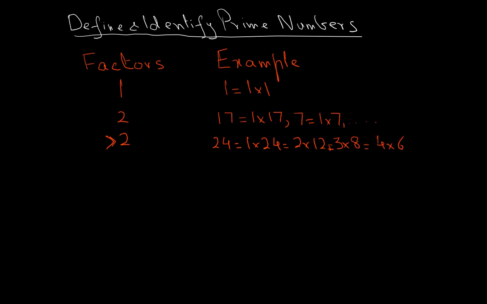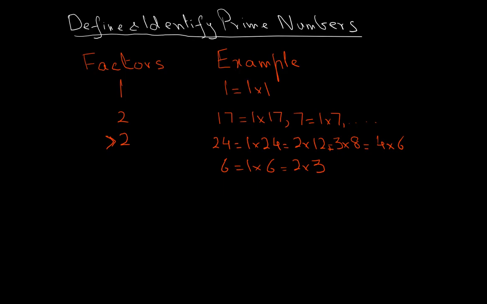This also includes numbers like 6, which can be written as 1 times 6 and also as 2 times 3. So there's another category of numbers like 24 and 6, which have more than two factors.